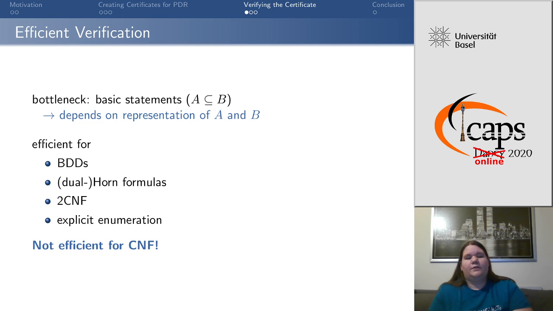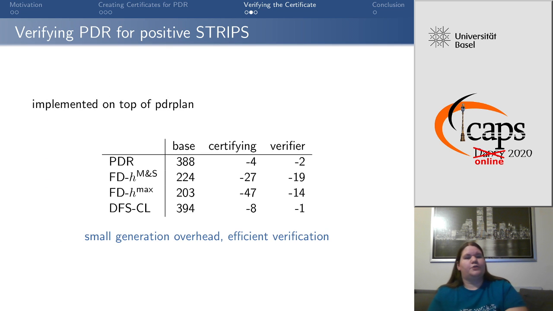Before looking deeper into this, I want, however, to mention that, as I said before, PDR comes in two variants. On STRIPS tasks, it actually works on dual Horn formulas, and for this, efficient verification is possible. So we implemented a certifying version of PDR and tested it against other certifying algorithms. In the table, you see in the first column how many tasks the algorithm without creating certificates could solve.